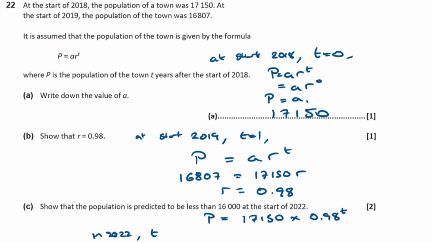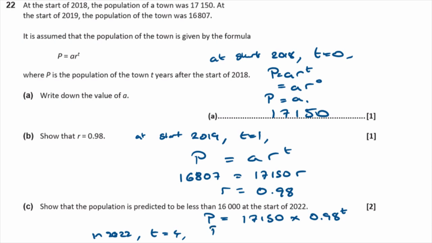It's 0 in 2018, it's 1 in 2019, 2 in 2020, 3, 4. It's going to be 4, isn't it? So in 2022, T is equal to 4.